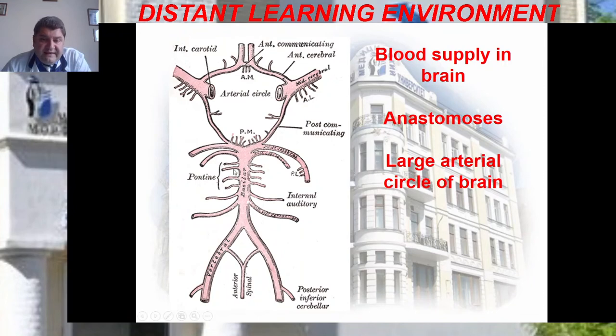And also you may see the pontine and, though we cannot see them here, medullary branches for blood supply to these important parts of the brain, the pons and medulla oblongata. Next you may see the superior cerebellar branch for the cerebellum here.